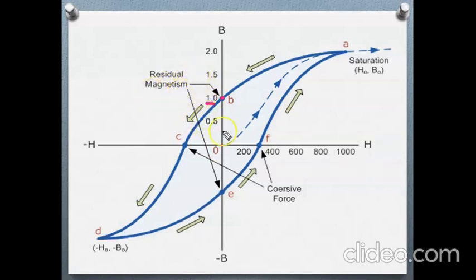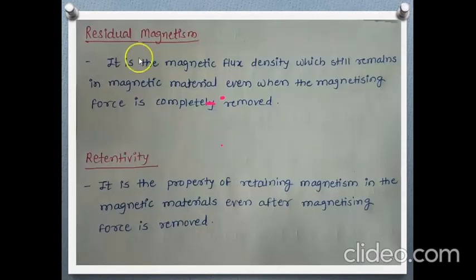Then what is this residual magnetism? The residual magnetism is the magnetic flux density which still remains in the magnetic material even when the magnetizing force is completely removed.